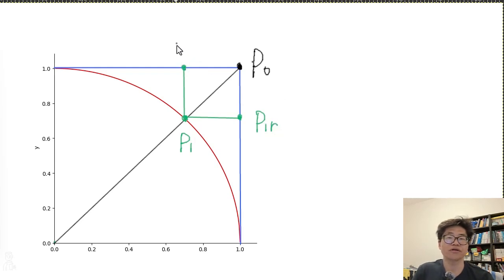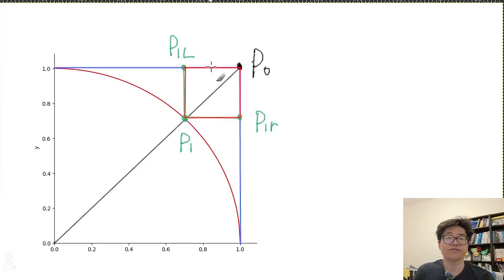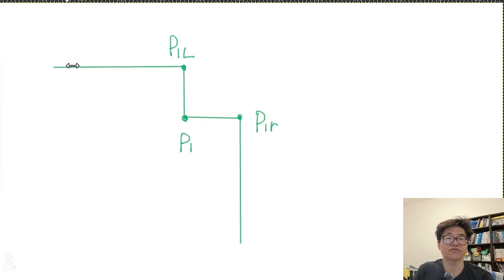This point I call P1L. From P1, this is right, this is left. Because this is a square, these lengths are all the same. Then I fold this one to here and this one to here. This is the result of one folding.